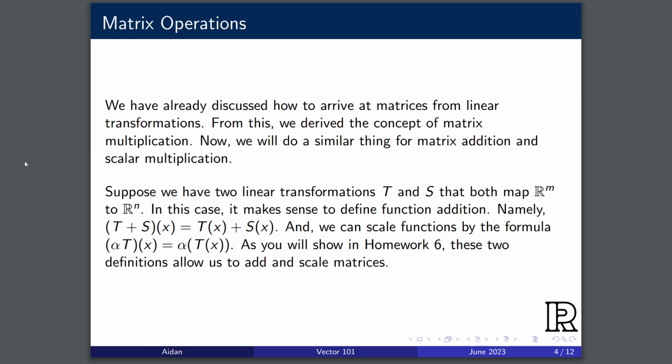Then there's a notion of addition that makes sense, which is that (T + S) applied to x is the same as adding T(x) and S(x). And scaling a linear transformation by alpha is the same as scaling T(x) by alpha at the end.